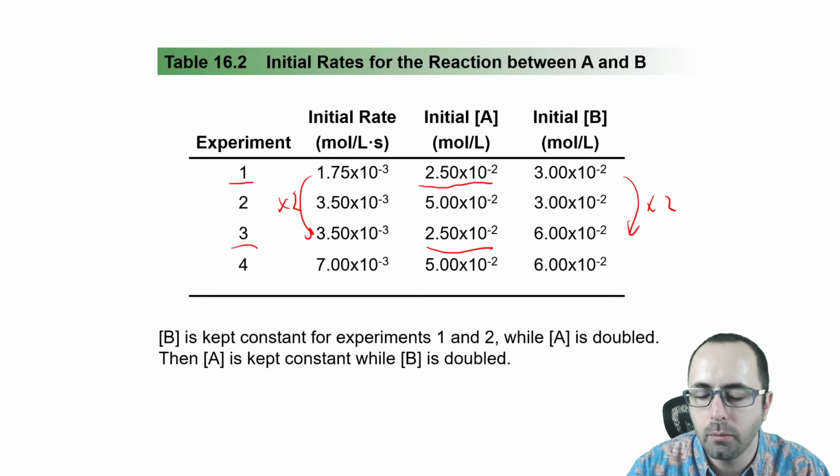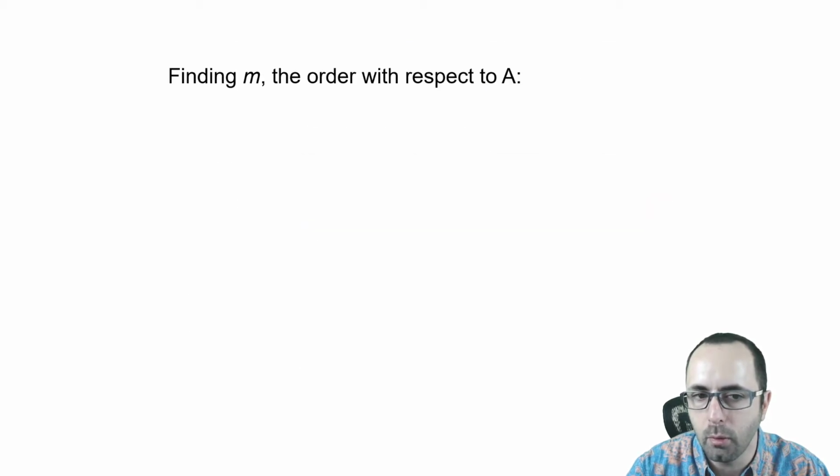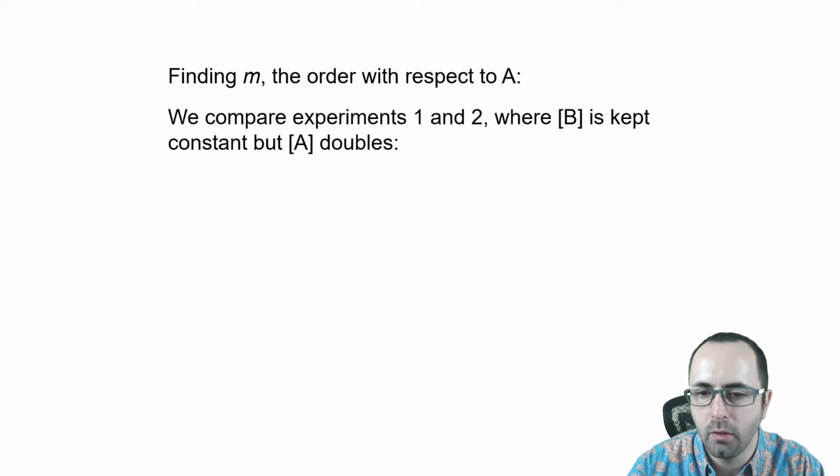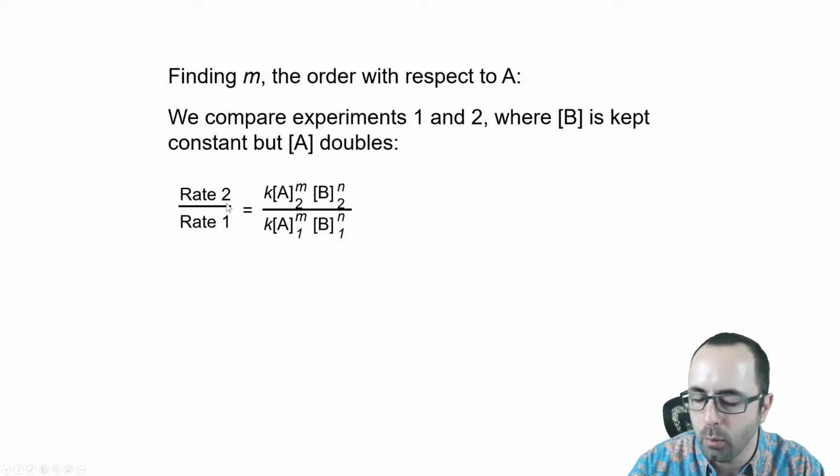And so if we're going to compare experiment 1 to experiment 2, we can use that to find the order with respect to A. So we're going to use experiment 1 and experiment 2. B is kept constant, but A doubles. This is the way we're going to do it every time. We're going to compare the rate for one experiment to the rate of another.